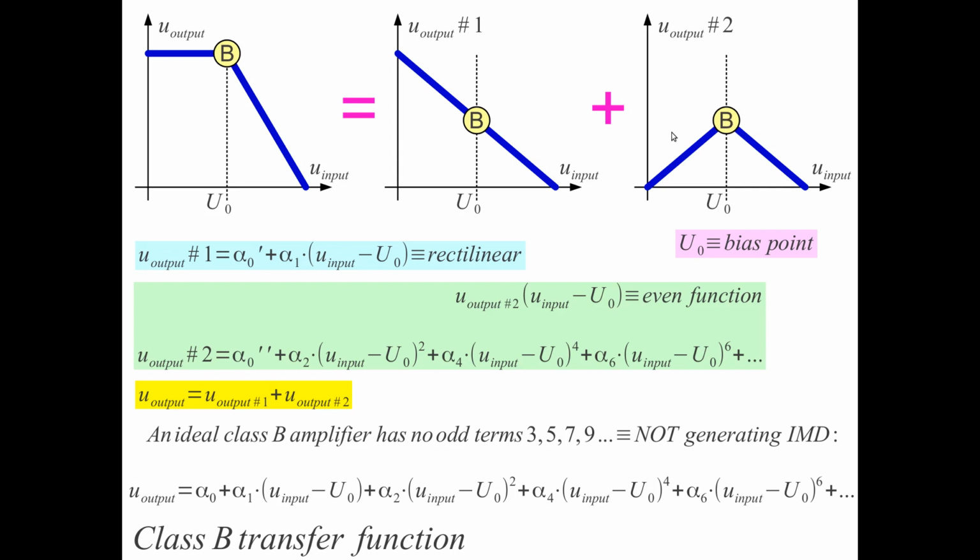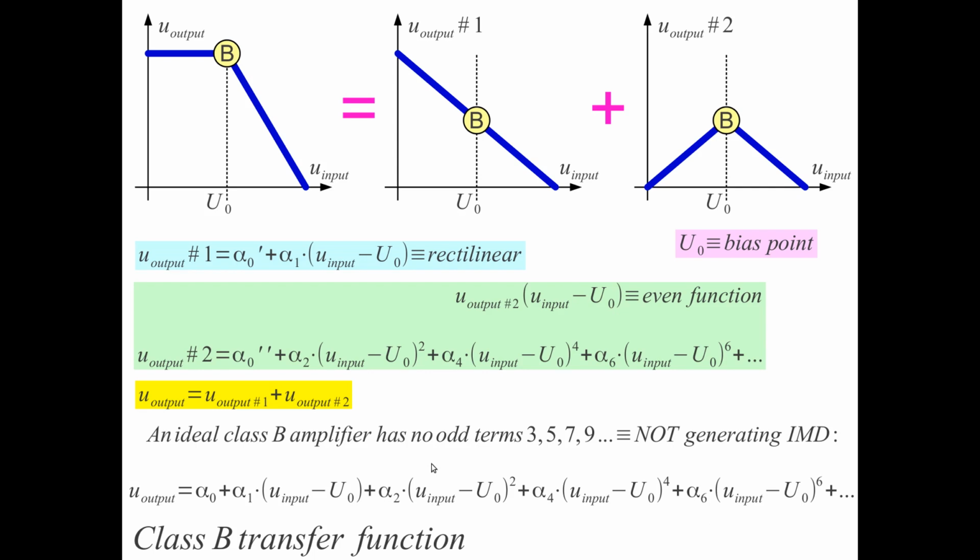And the adjustment of the bias point may be quite critical to obtain something comparable to the ideal class B response of the amplifier. But a class B amplifier, in theory, does not generate intermodulation distortion, and that's the point. It generates distortion, but this distortion is not intermodulation related.